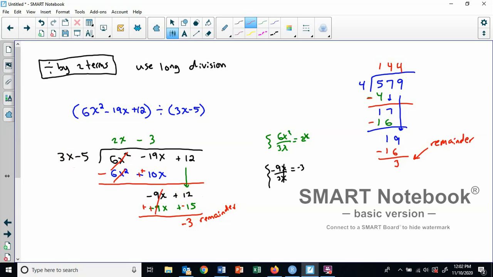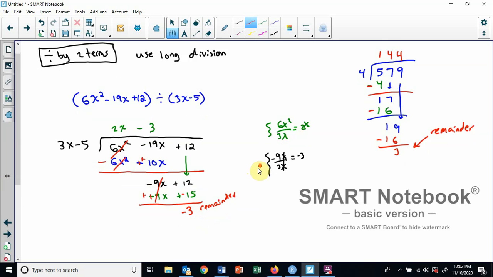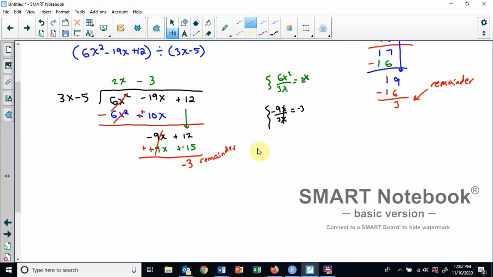We just need to know how to write our answer now. Alright, so the answer is up here, and then we have to tack the remainder on. So our answer to this problem, our solution, is 2x minus 3. And then what we do is we take the remainder, and we want to say, okay, so here's our remainder. So we write it as a fraction.